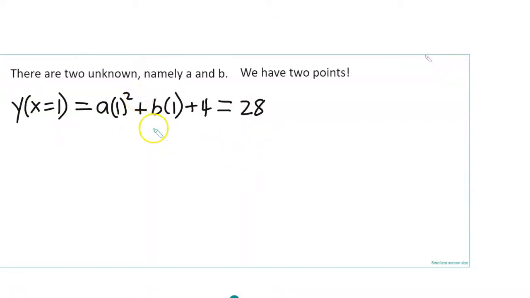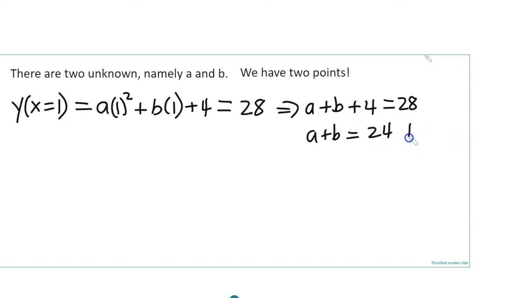That gives you one equation with two unknowns: a plus b plus 4 equals 28. It's not super useful yet, but we can get a plus b equals 20. Now that's one equation. Let's try the next equation.